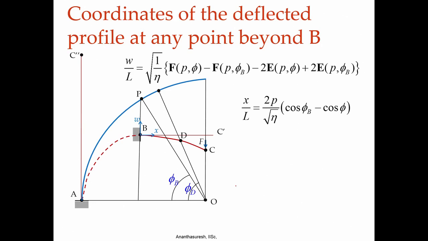Now, let us also look at, by knowing that, what are the coordinates of the deflected profile at any point D beyond B. So, if I take a point D, again I have to take this interpretation. In fact, this is not the point I should take. So, we should actually imagine this will be, let us call this point E or something.